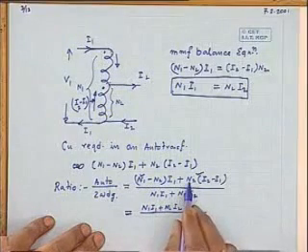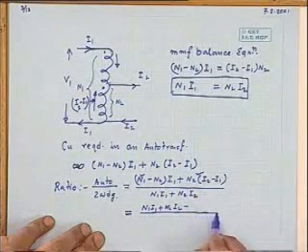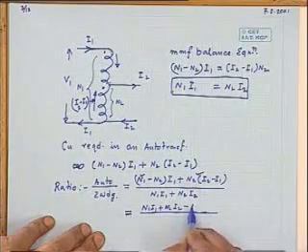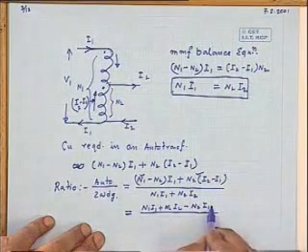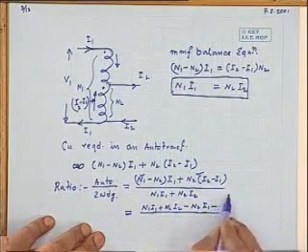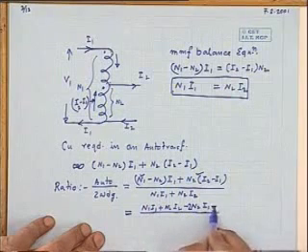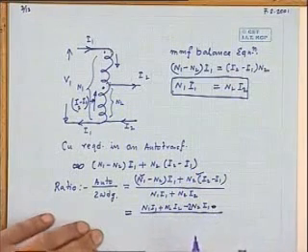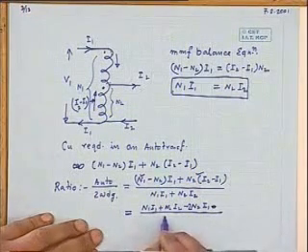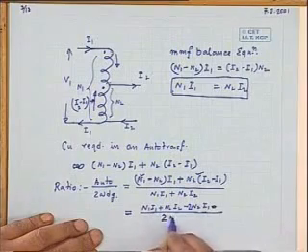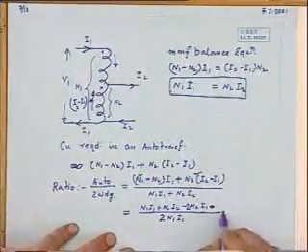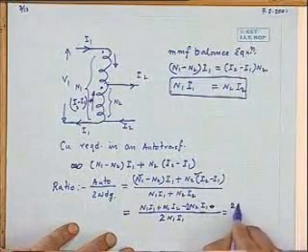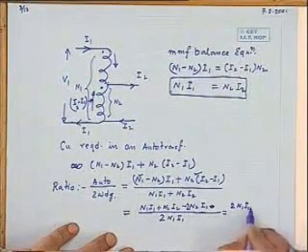Then minus N2 I1 and minus N2 I1. So twice. Is that correct? Divided by, I can write it as 2 N1 I1. And the top one is also equal to 2 N1 I1.